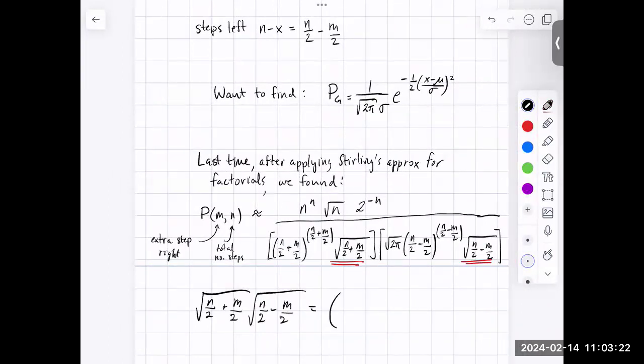That's still in a square root, but we're going to get n over 2 squared, which I'll write as n squared over 4, minus m squared over 4. The cross terms cancel, because we'd get a minus n times m and a plus n times m. So those cross terms cancel out.